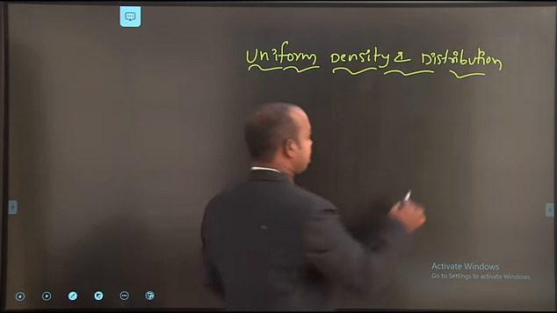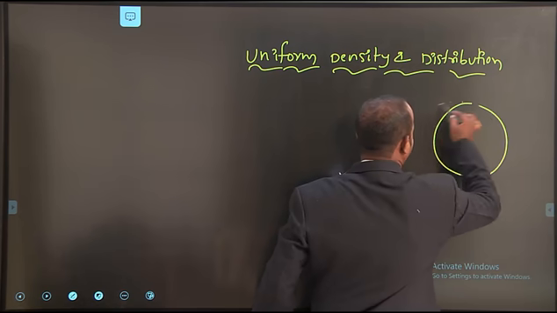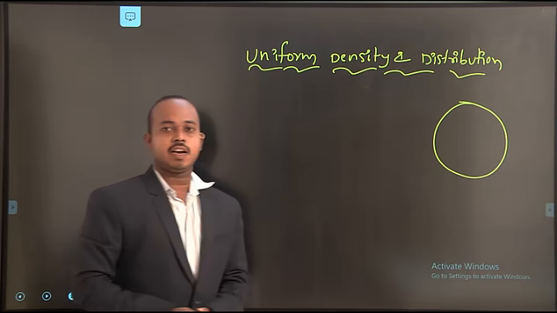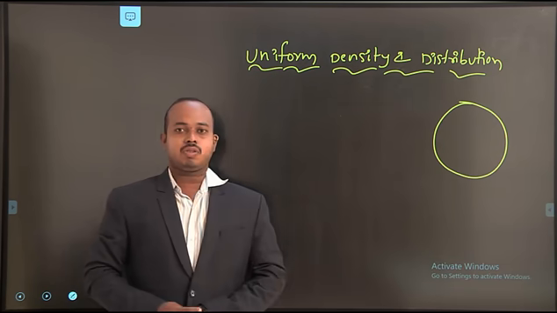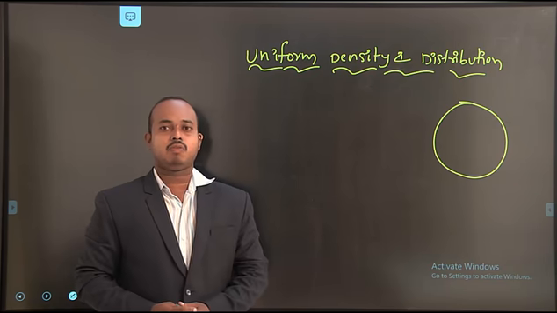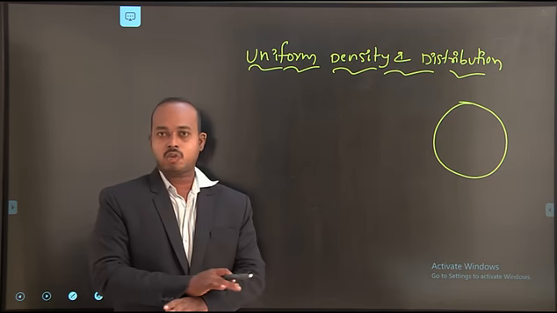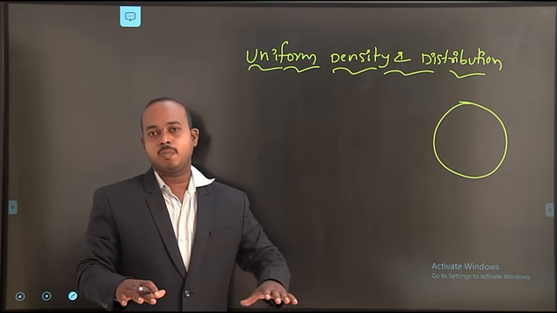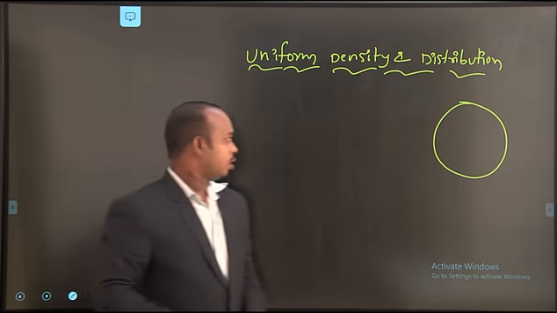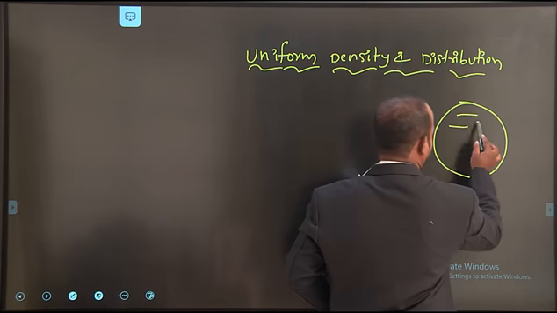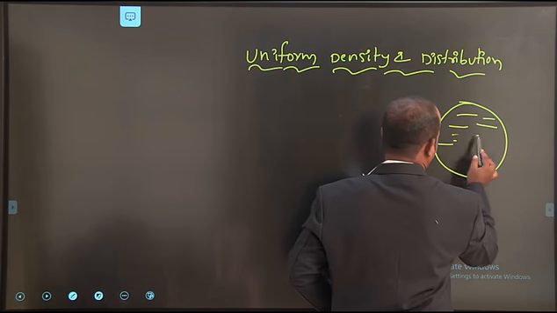See one example for this uniform. You can take a certain area, and in that area all elements are uniformly distributed. Uniformly means in an equal manner. The elements are spread in equal orientation over the entire area.